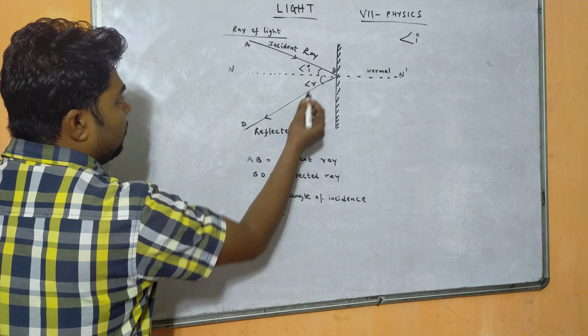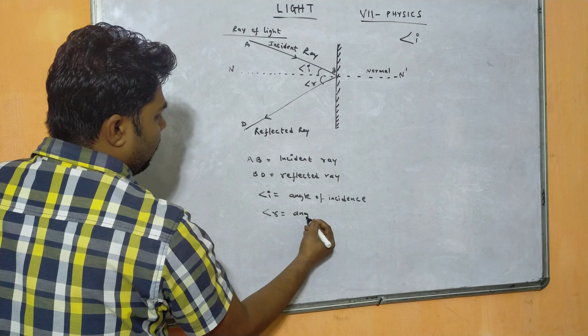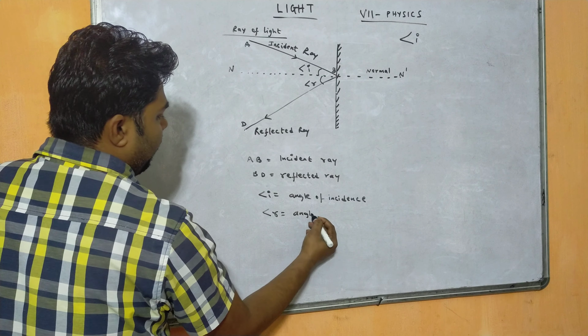Angle R, this angle is called the angle of reflection. And NS is the normal. And this point, point B, is the point of incidence.